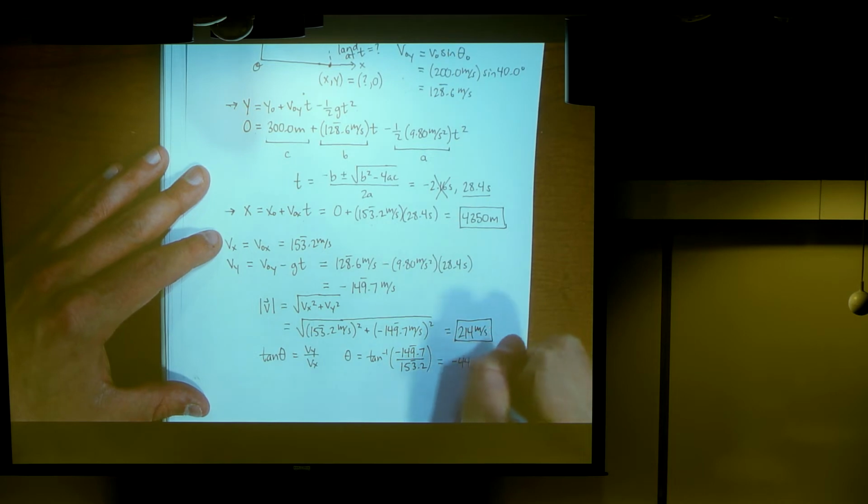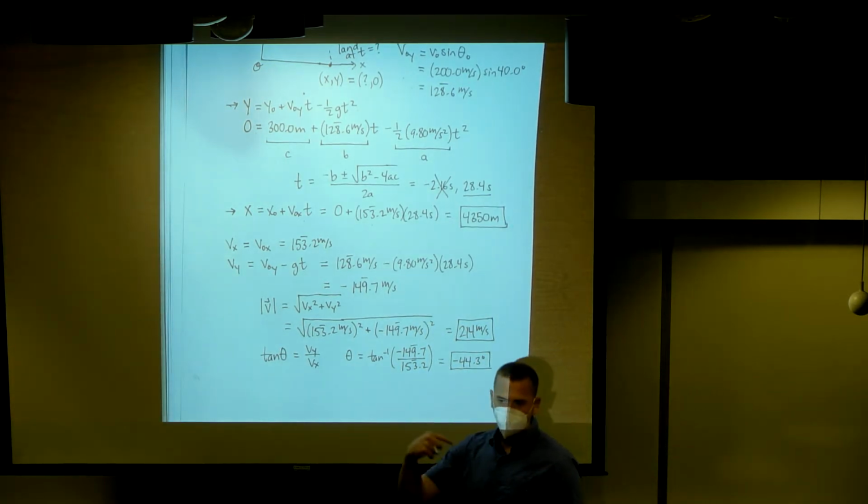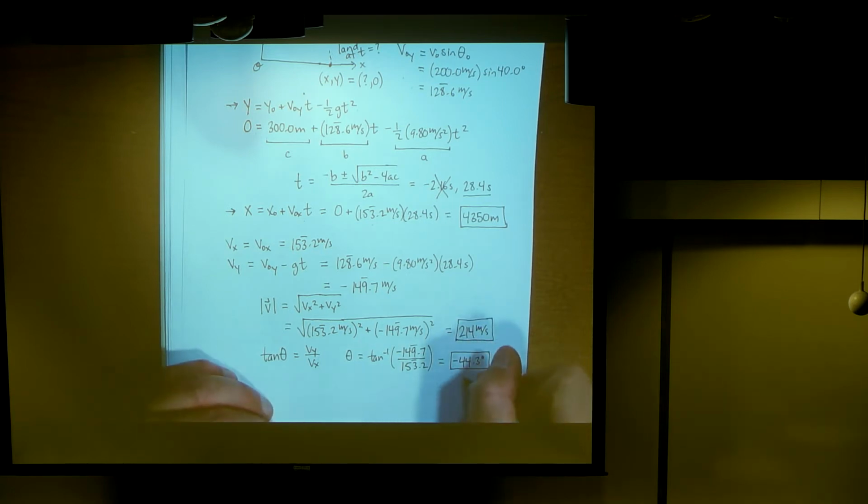Negative 44.3 degrees. And technically that's in the fourth quadrant. You could add 360 to that to make it a positive angle, as we saw before. But this is an equally valid way of saying it. This just means we're going below the horizontal for our angle.